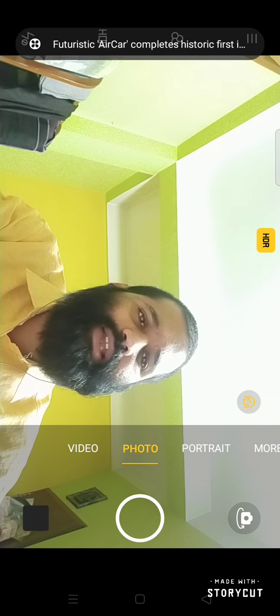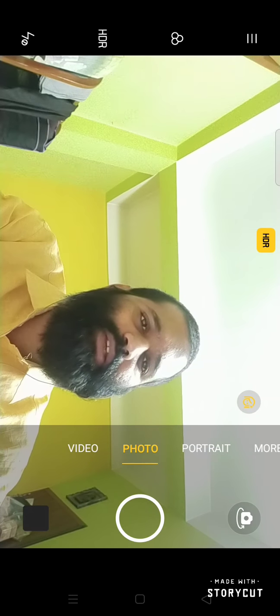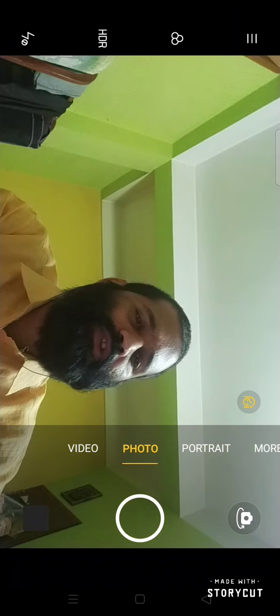And next line, length equals to 2x plus 1 meter. So 2 into 16 plus 1. So 32 plus 1, 33. So 33 meter. Is it clear to everyone?